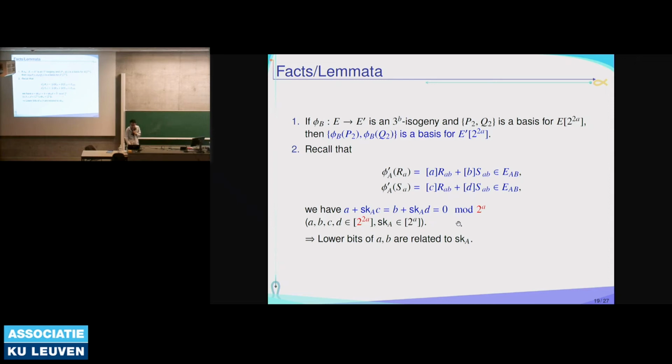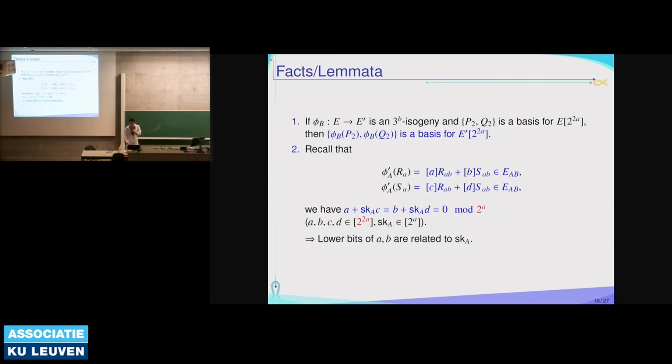But remember that the coefficient of ABCD is 2 to the 2A, and SK only is between 0 to 2^A. So we can say that the lower bits information of A and B are related to Alice's secret key.